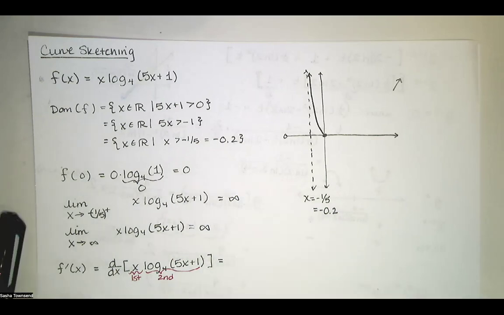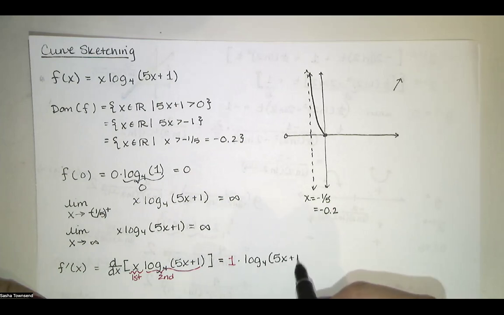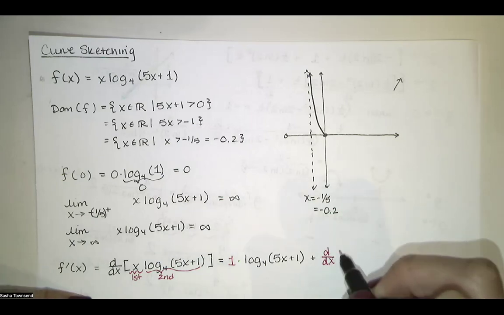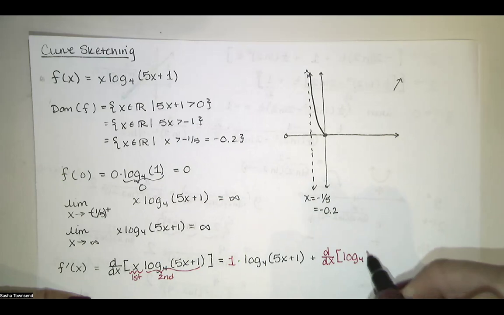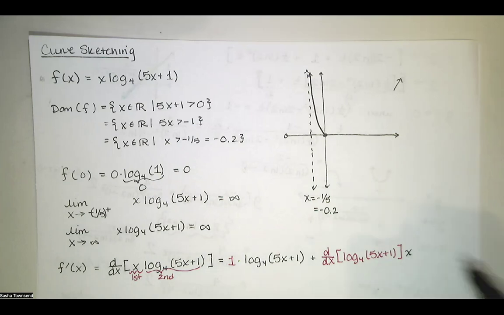The derivative of a product is the derivative of the first times the second, plus the derivative of the second times the first, which in this case is x, undifferentiated.